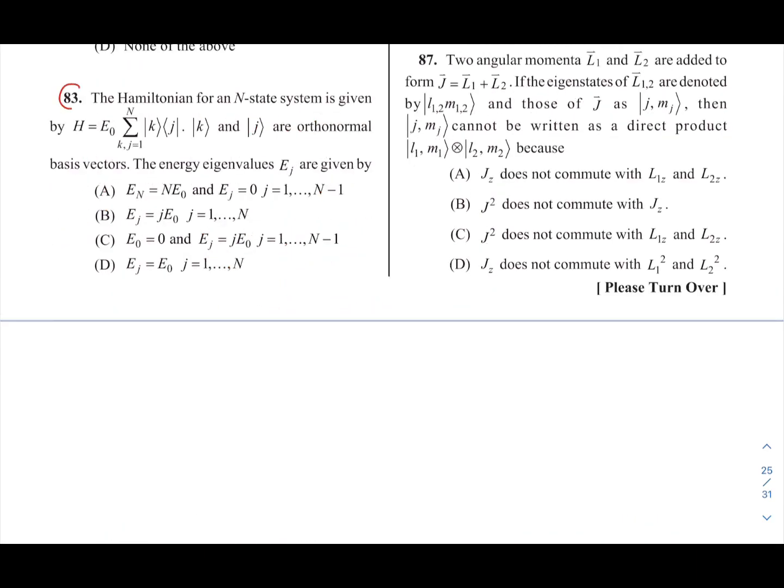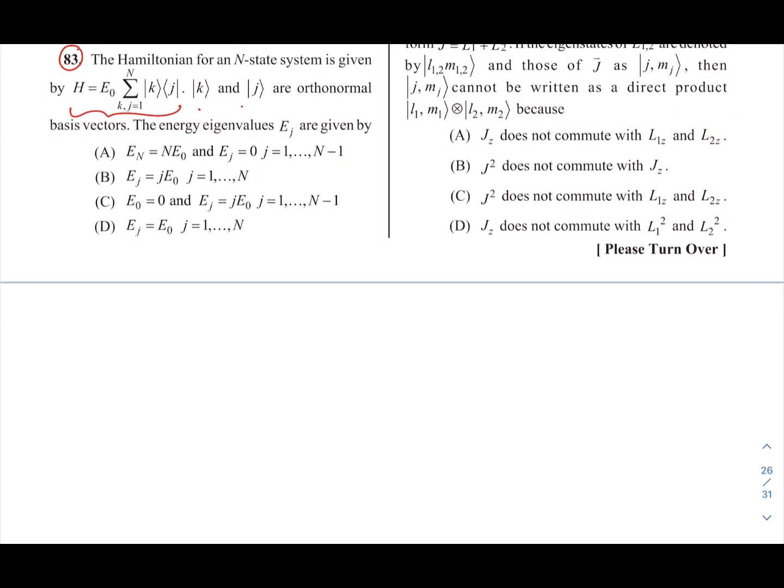Problem number 83. The Hamiltonian for an n-state system is given by this, where k and j are orthogonal basis vectors. The energy eigenvalues Ej's are given by. So one of the ways to do this is to consider a value of n. Let us take n equal to 2.